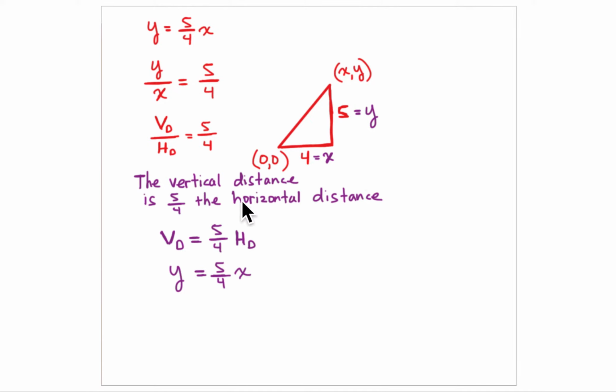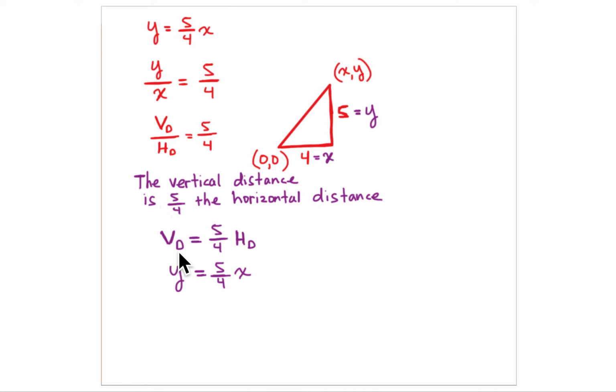The vertical distance is 5/4 the horizontal distance. So now you can just say in words what this means. This means that the vertical distance is 5/4 that horizontal distance. So this vertical distance right here is 5/4 this horizontal distance. That's what this ratio means. And so then we practice saying this in words.